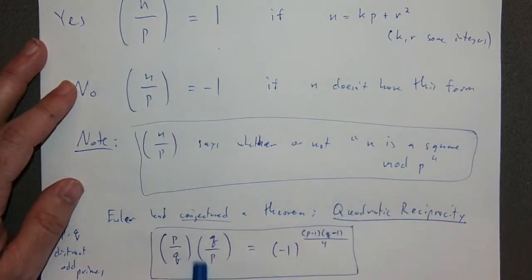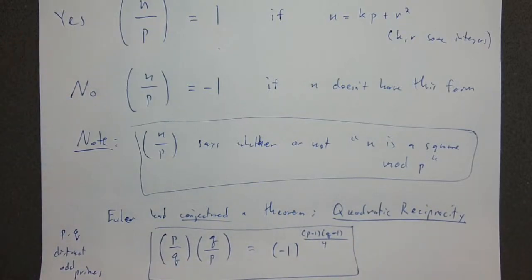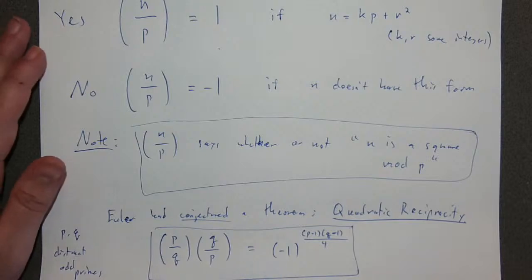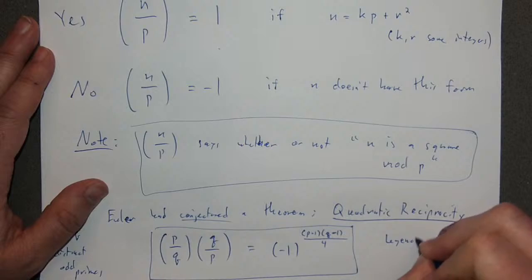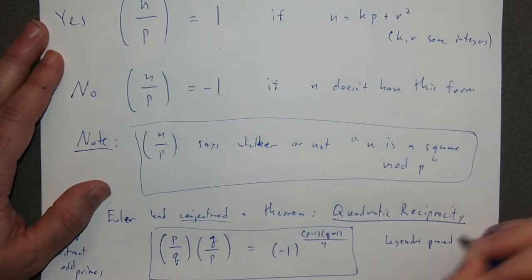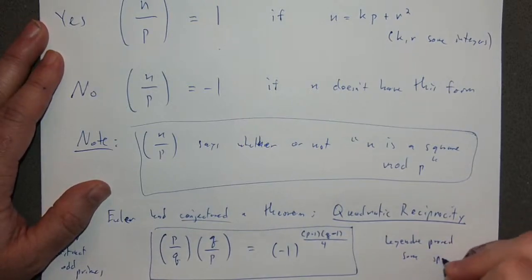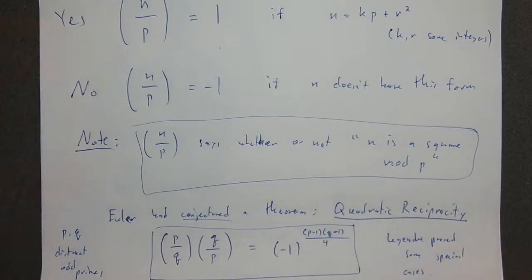He just basically had a heuristic that he felt was how it worked, but he couldn't prove it. Legendre proved some special cases, but not the theorem in entire generality.